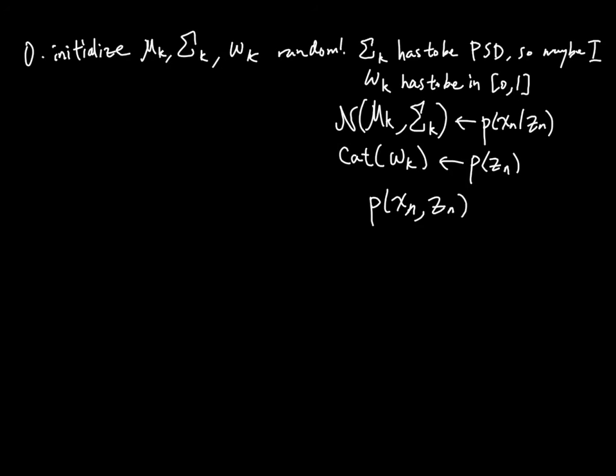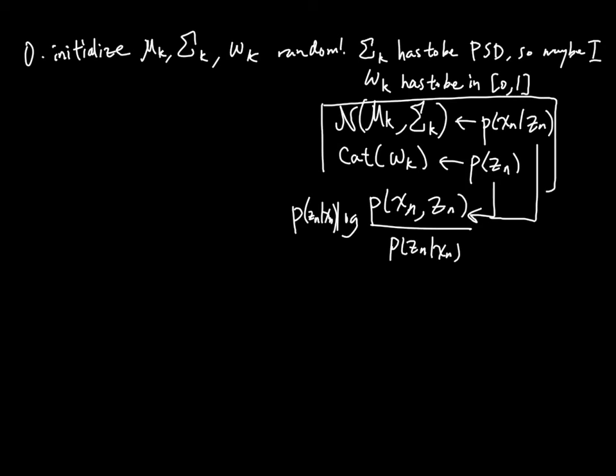Remember that term inside of our log? So it's like log of this over log of zn given xn, and then p of zn given xn. So this is going to be contributing to this term, and you can compute everything else from that too.